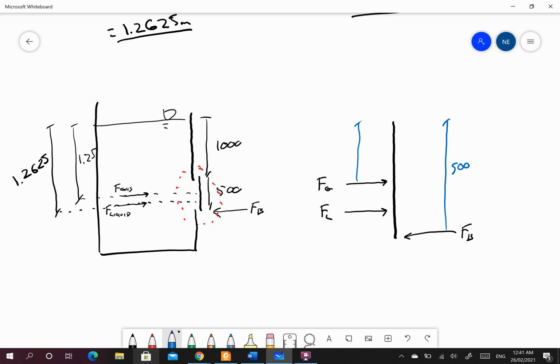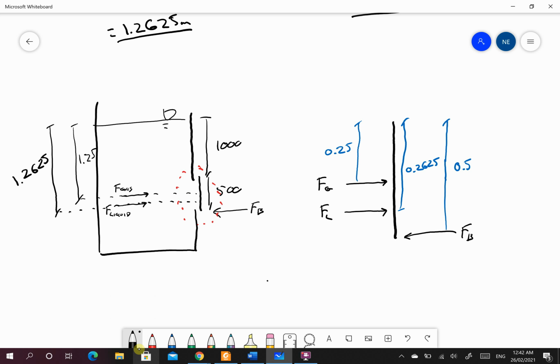This here is obviously sitting at 0.25, it's at halfway. This one here is sitting at 0.2625. So all I need to do is force by lever arm. That should be 0.5, sorry. Let me clear that up. Just converting all to meters.